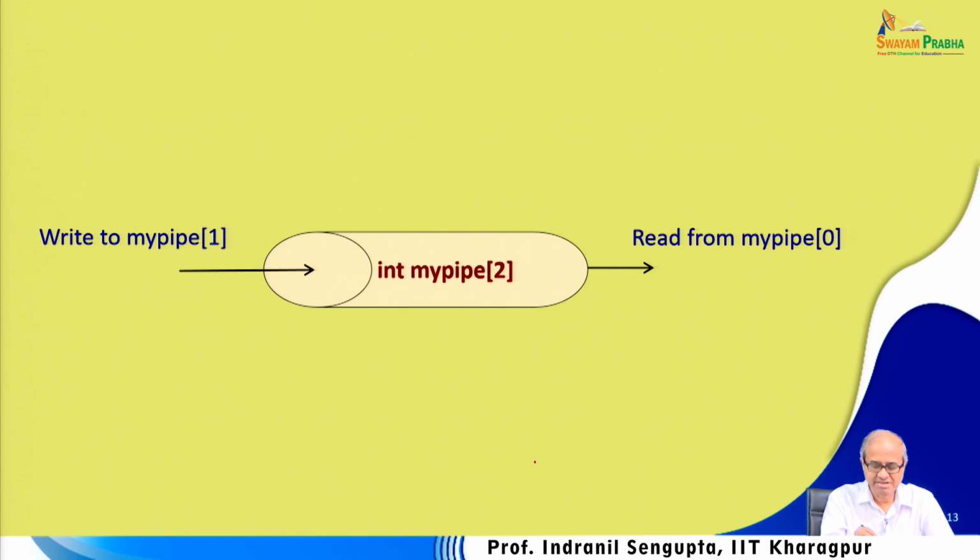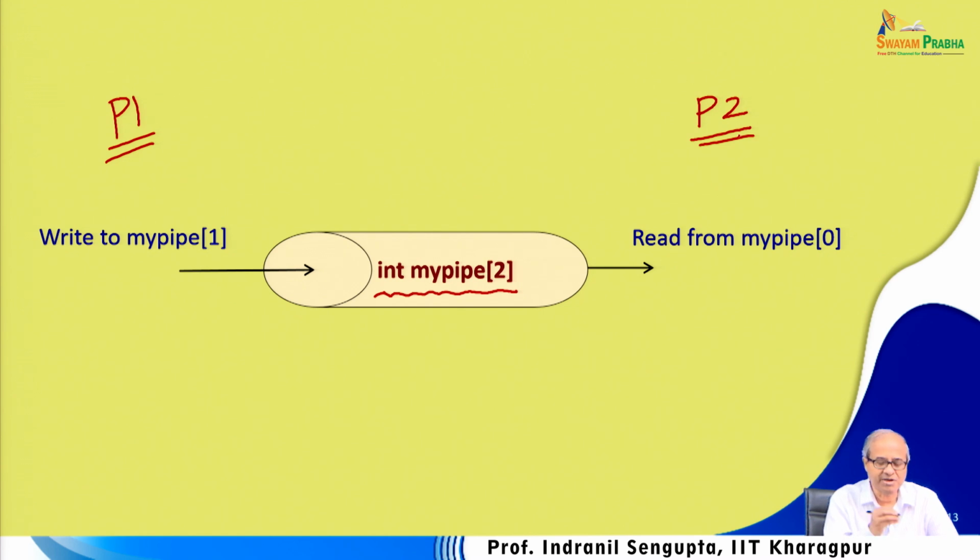So, a pipe is conceptually looking like a normal pipe that you know about. In C, when you define a pipe, we have to declare an integer array of size 2, int mypipe[2]. So, there will be 2 array elements, mypipe 0 and mypipe 1, and normally what you do is, let us say some process P 1 is here, some process P 2 is here.